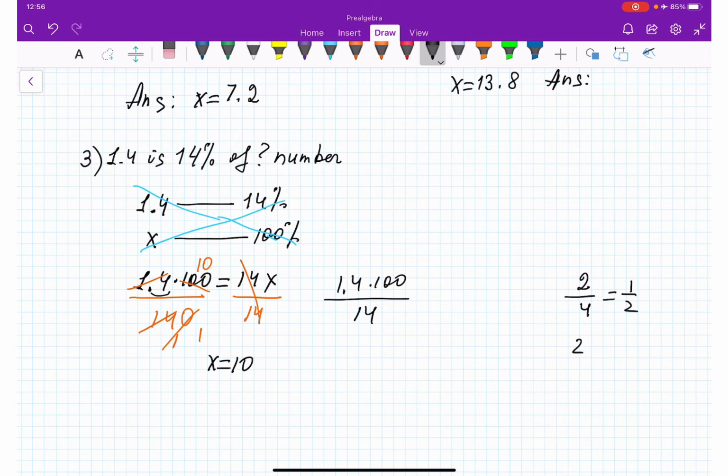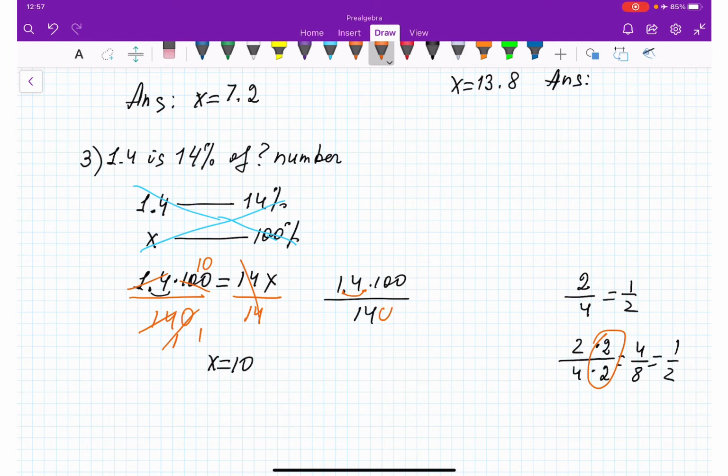Now if I have 2 here, 4, and both of them multiply by 2 again, I will get 4 over 8. It's still going to be 1 over 2, right? So as long as you multiply numerator and denominator by the same number, you don't change the value. Now, 1.4, moving by one position, I'm multiplying by 10, yes?